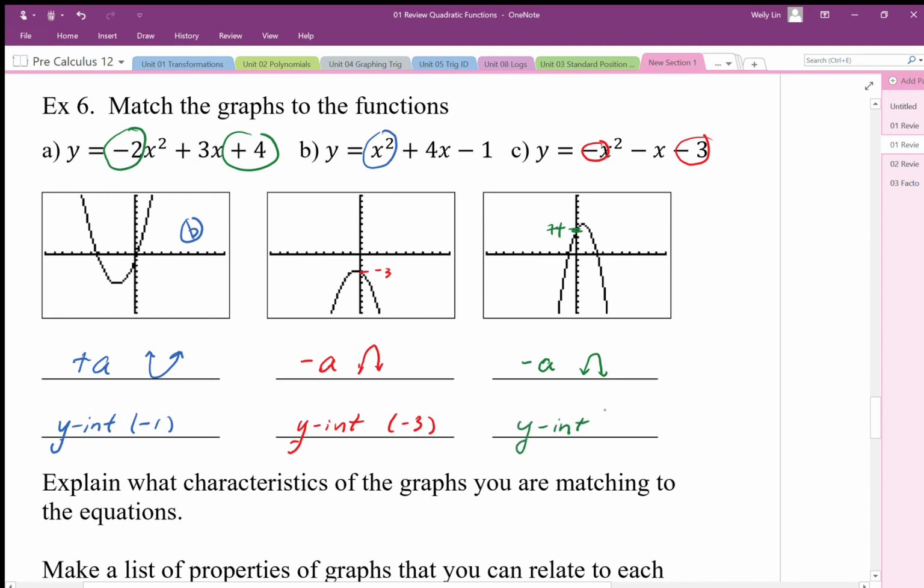And so we can say that the A matches this one here, and we didn't label it, but the C equation matches the middle graph here. Okay. So for these general form equations, we're looking at two main things, the direction of opening and the y-intercept.